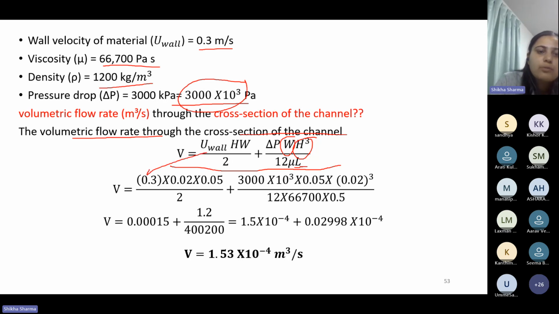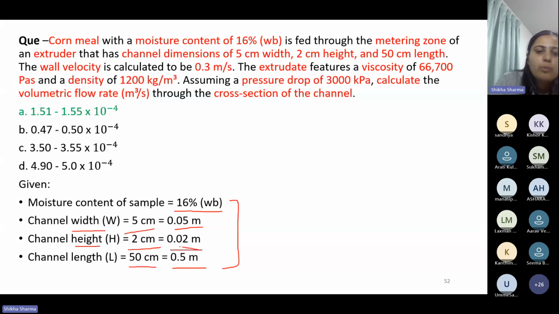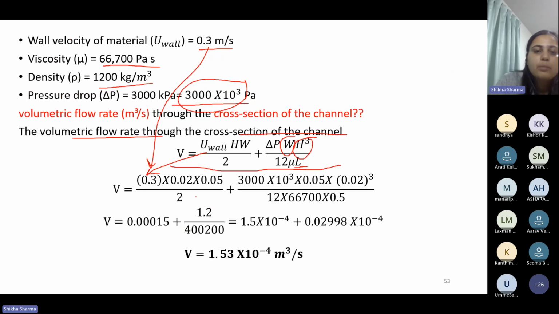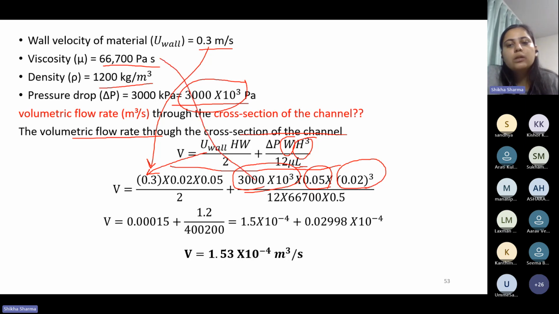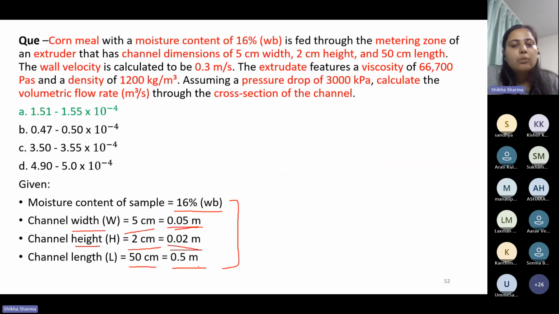The wall velocity is 0.3 meter per second into H, 0.02 meter, and W is 0.05 meter, divided by 2, plus pressure 3000 into 10 to the power 3 pascal, W is 0.05, into H cube, 0.02 meter cube, divided by 12 into the viscosity, 66,700, into L, the length of the channel, which is 0.5 meter.